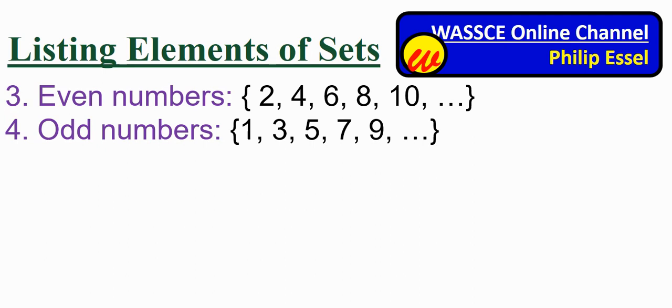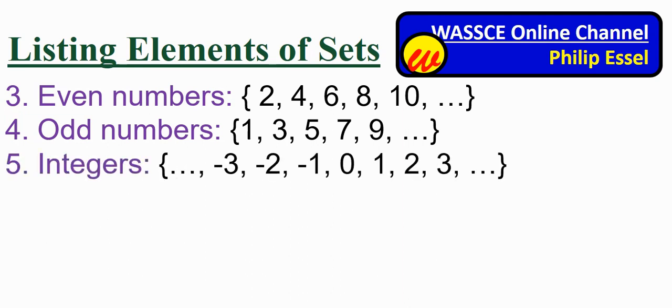So the numbers that appear in between even numbers are odd numbers. So if you can give the set of even numbers, just figure out the set of numbers that appear in between these even numbers, and they are the set of odd numbers, and they run to infinity. Let's look at integers.